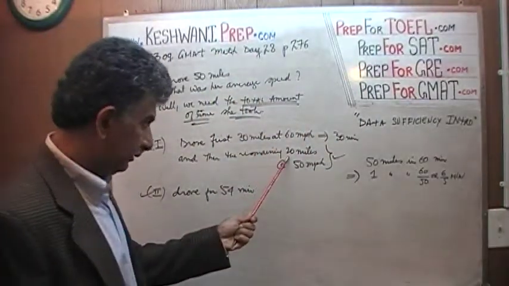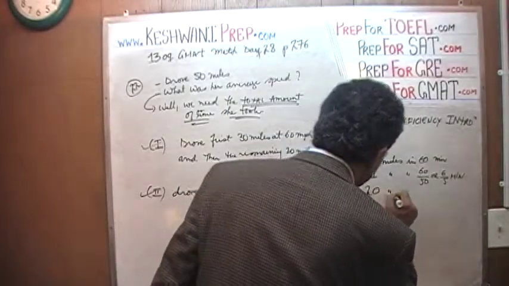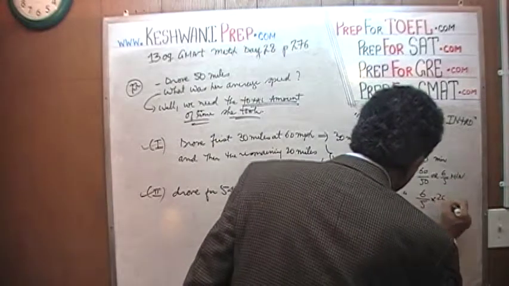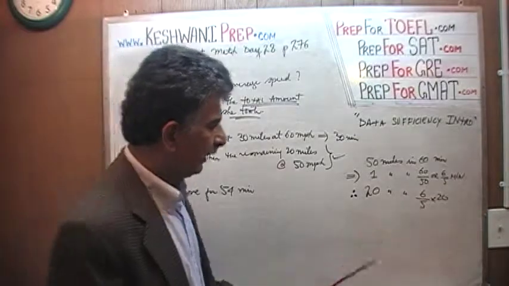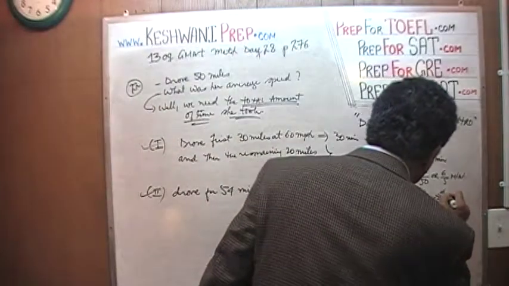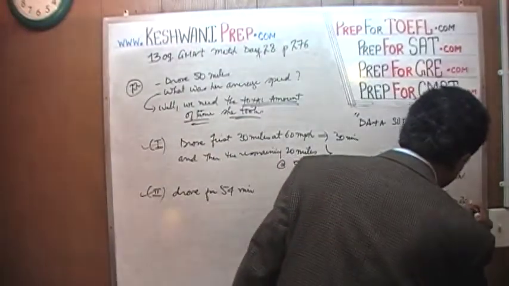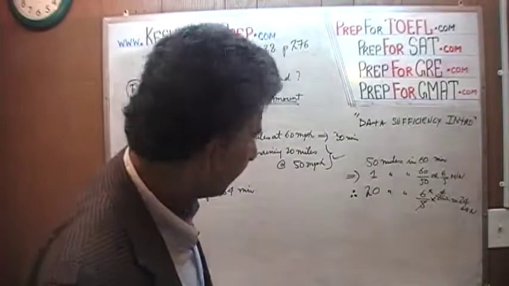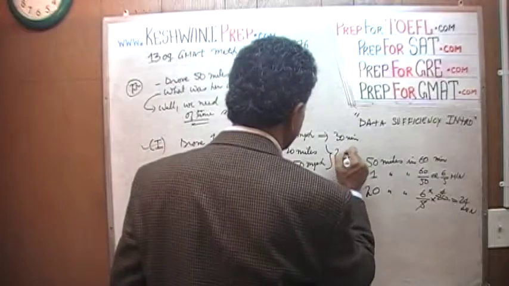Therefore, 20 miles will take 20 times that amount, 6 over 5 times 20. As you clearly see, 20 cancels out with 5, leaving us with 6 times 4, which is 24. 24 minutes. So as we can see, the second leg of the journey takes 24 minutes.